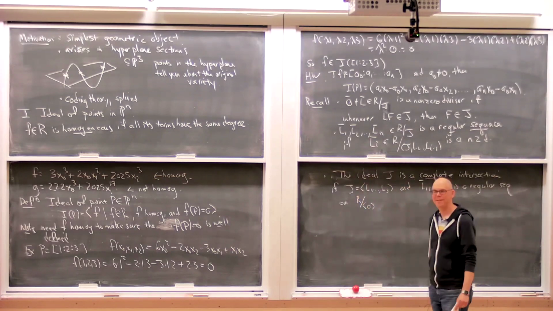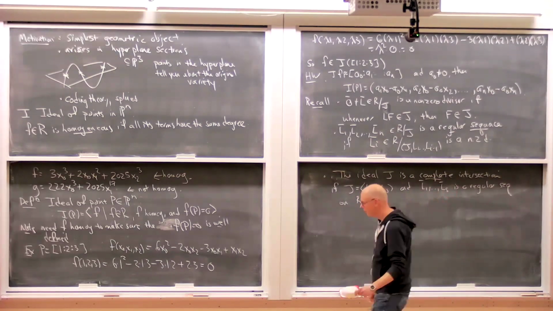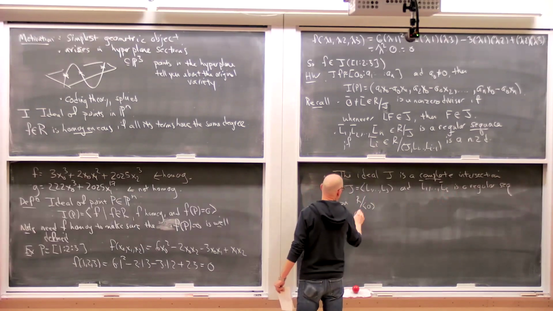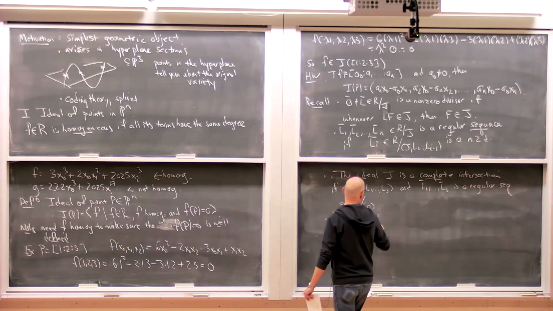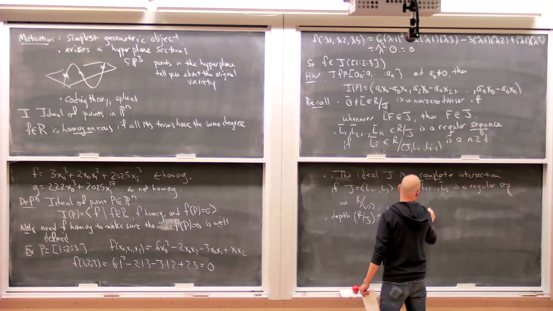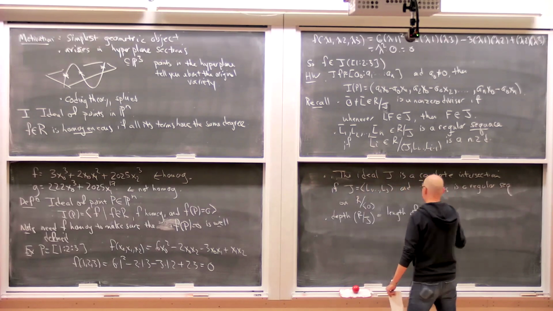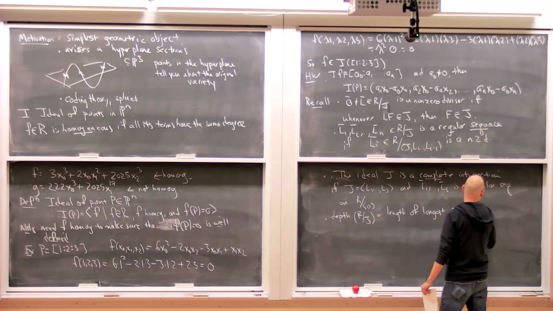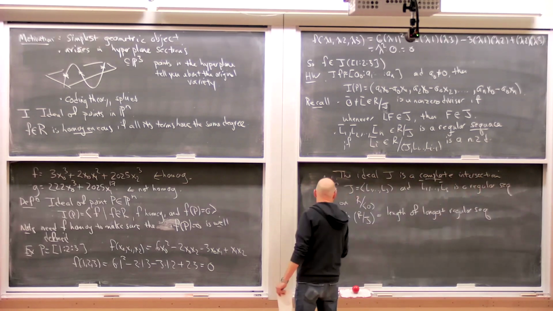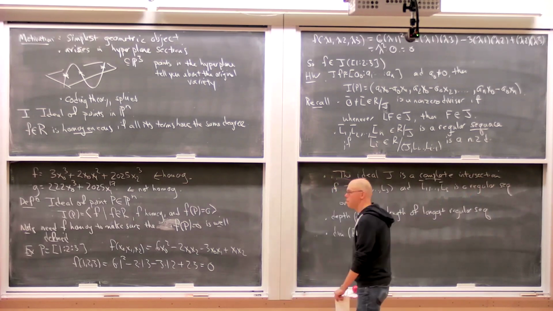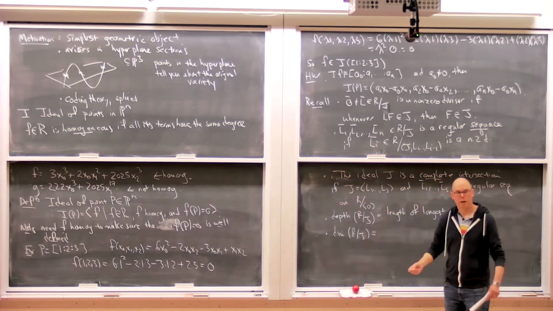Okay, so we have a complete intersection, and then the depth of R mod J is equal to the length of the longest regular sequence, and then the dimension, Fred mentioned this the other day, is the length of the longest chain of prime ideals.